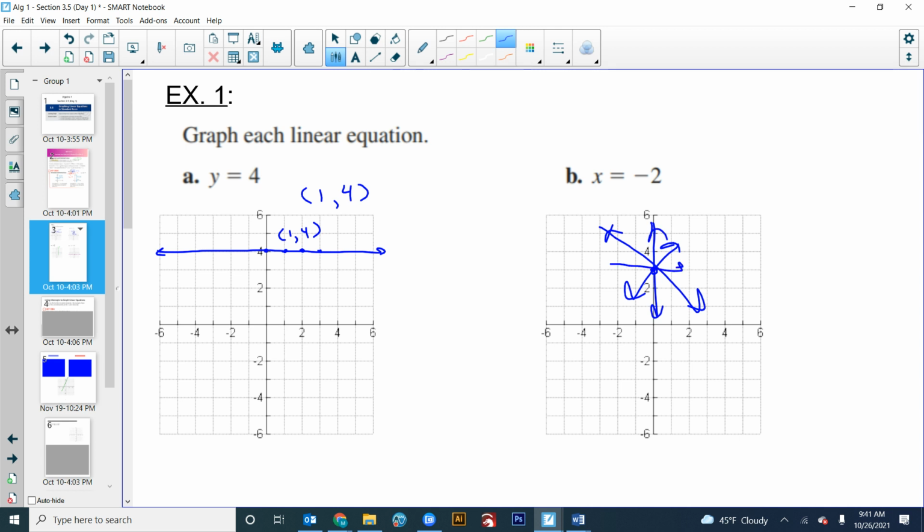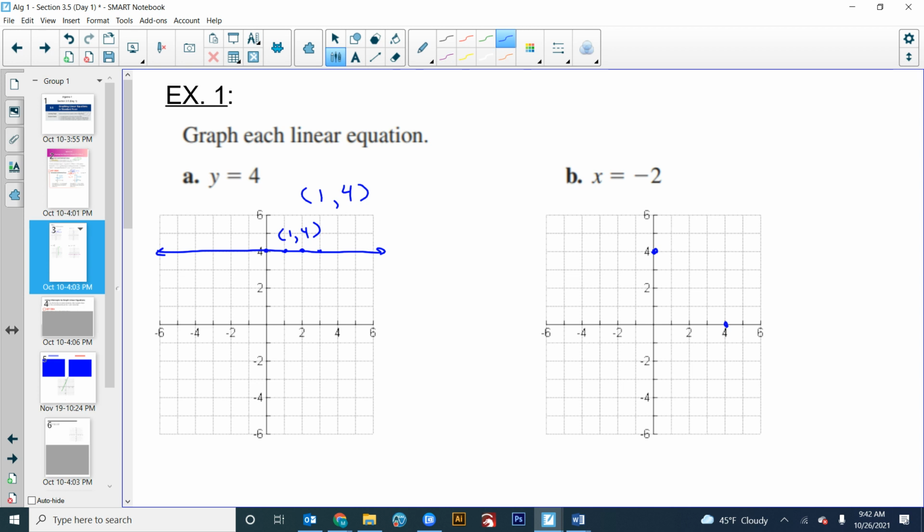That makes sense? Now, as soon as I have a second point, how many lines go through 2 points? Only one line goes through 2 points.